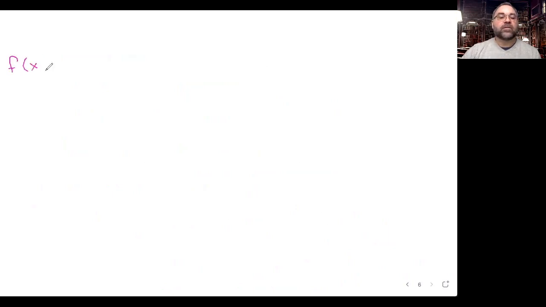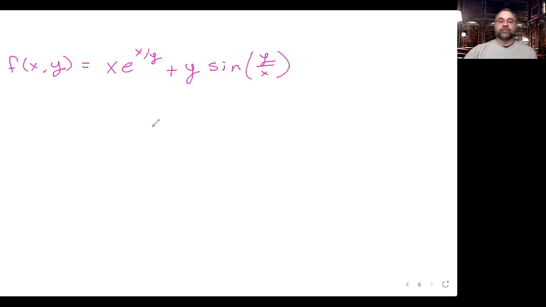f of x, y is x e to the x over y plus y sine of y over x. Is that a homogeneous function?